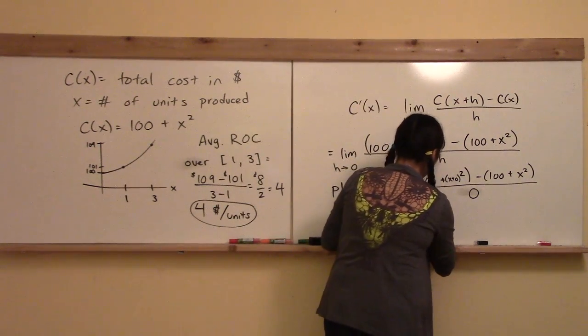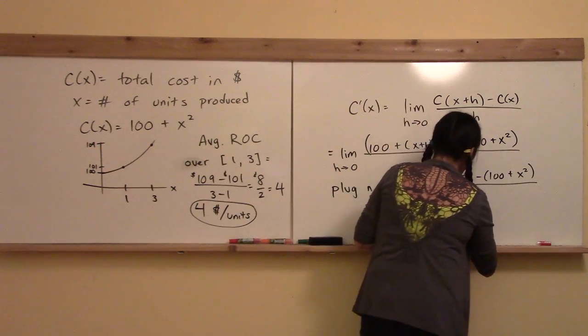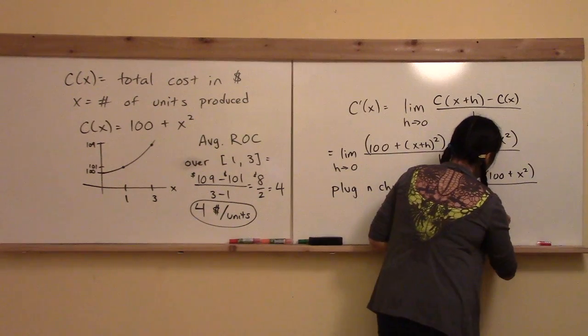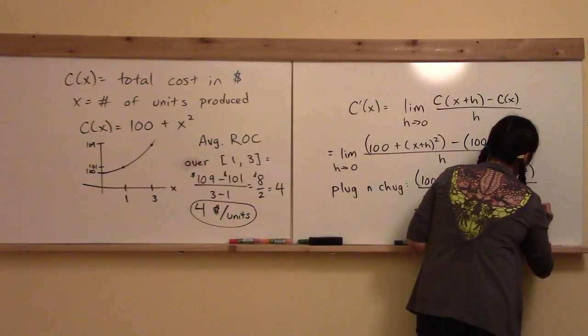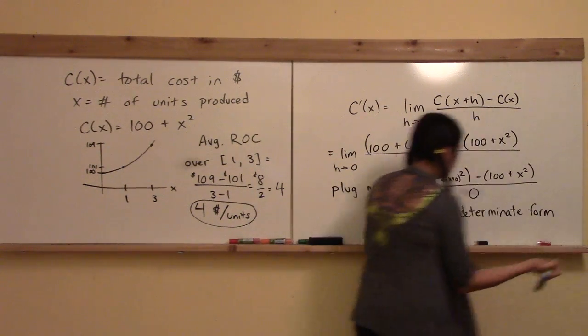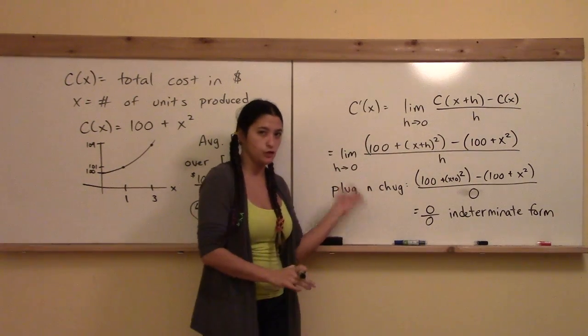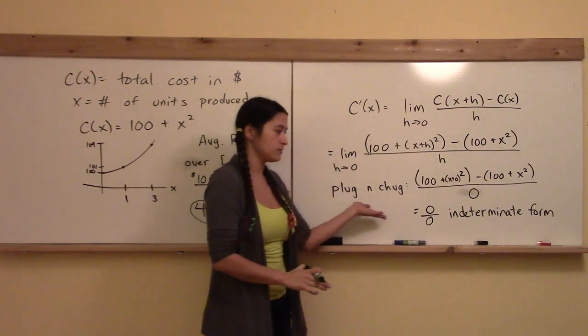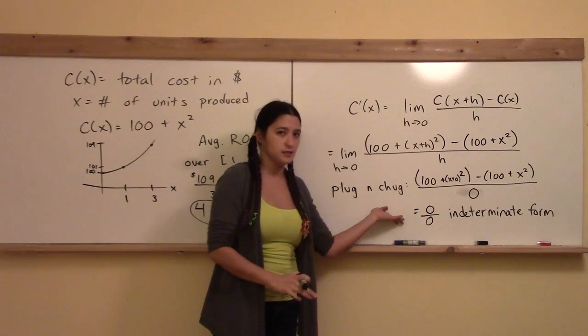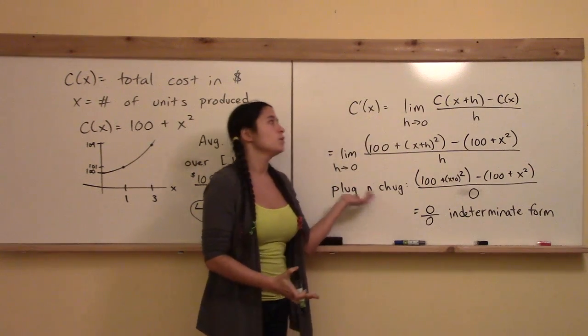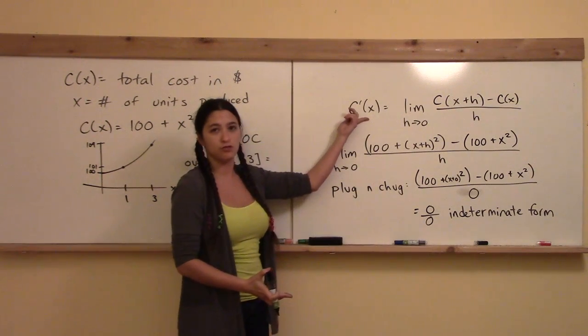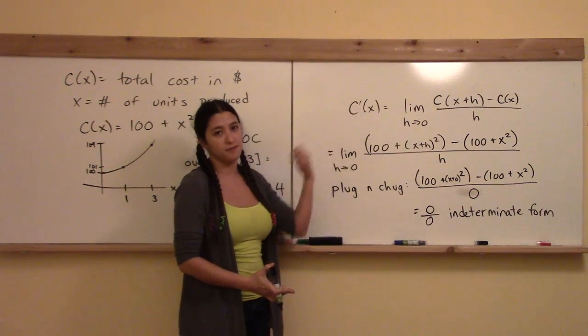So what you end up getting is 0 over 0, and that's our familiar indeterminate form. Okay, that's the indeterminate form. That's why that was so important from the concepts of limits before, because this is going to happen all the time when we approach the calculation of the derivative using the limit definition.